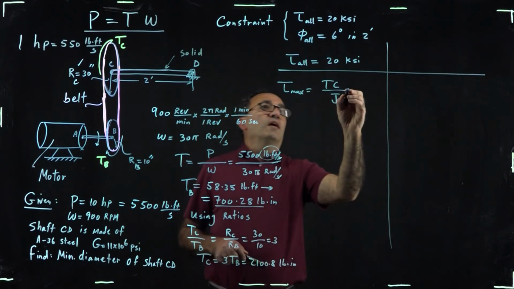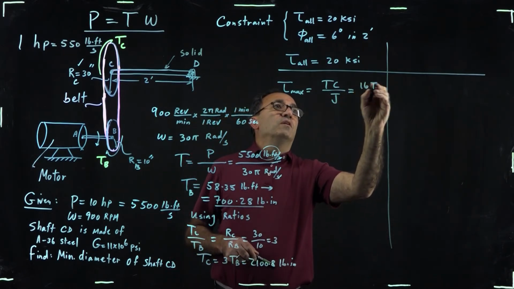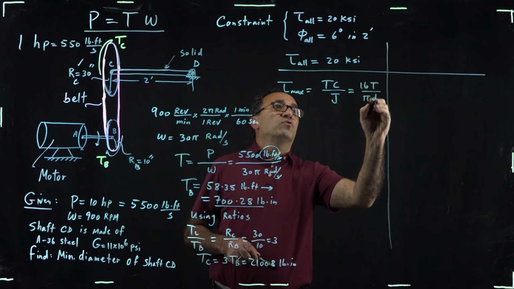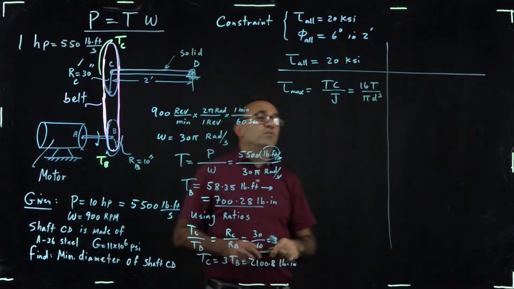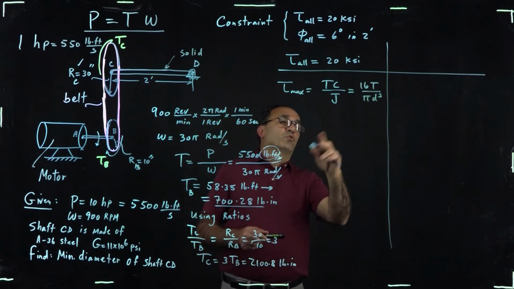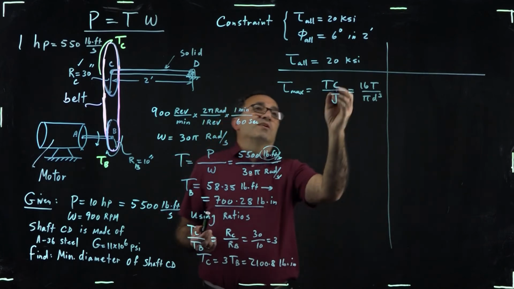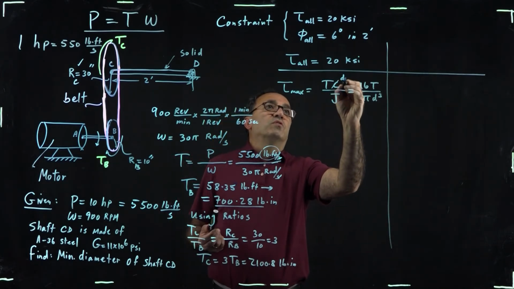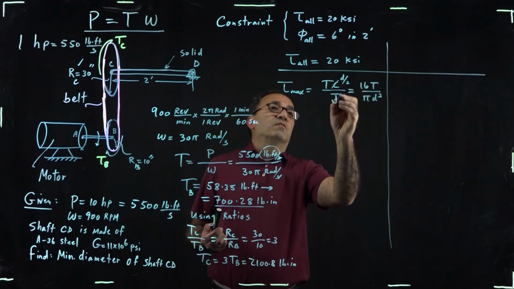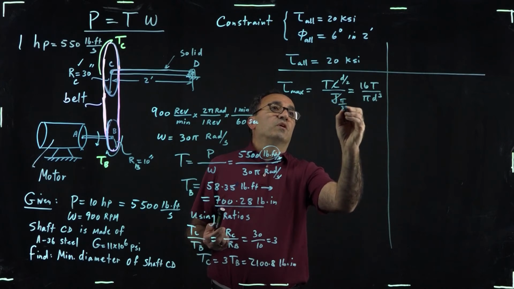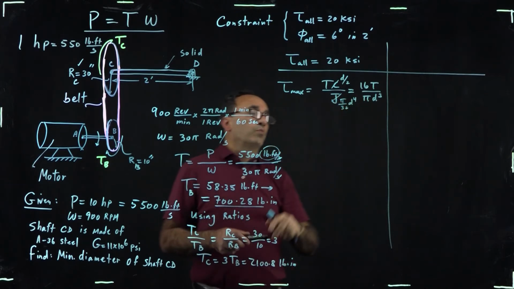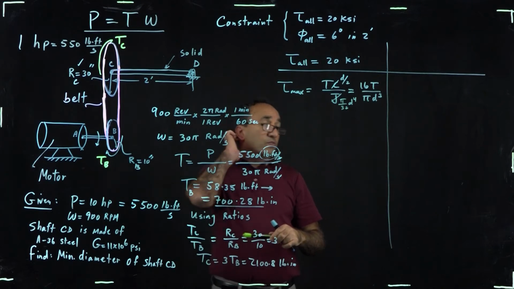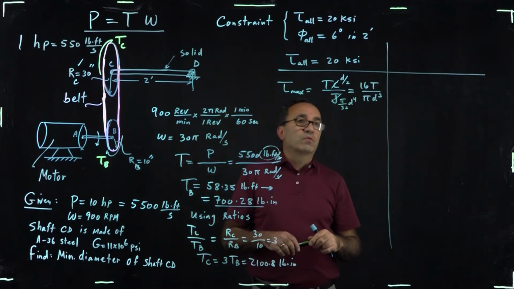For a solid shaft, a much easier way to calculate shear stress is to use this equation. If you look at my other videos, I probably have shown you the derivation. It's no big deal. You just change c to d over 2, the radius, and J to pi over 32 diameter to the power 4, that's the polar moment of inertia. And that's where you get the equation, 16 torque over pi d cube.